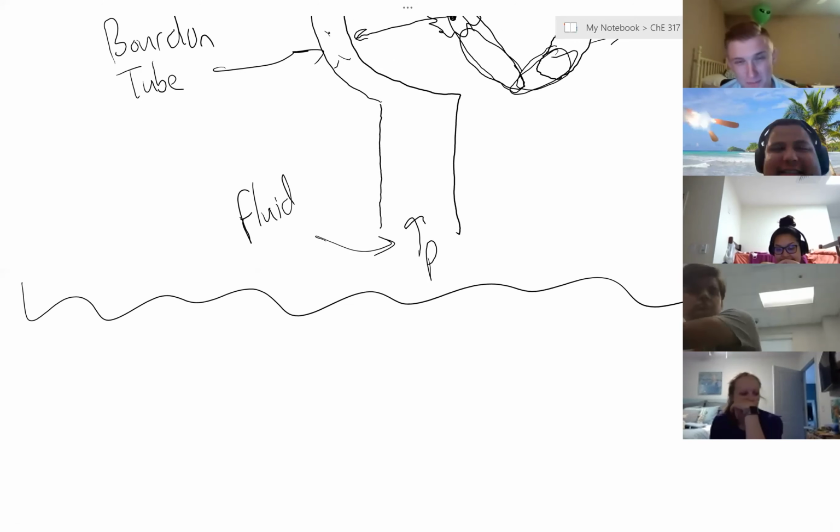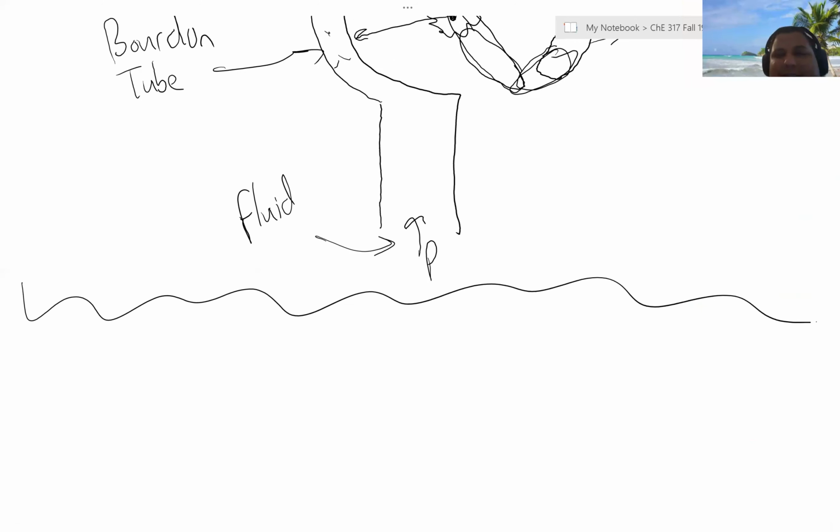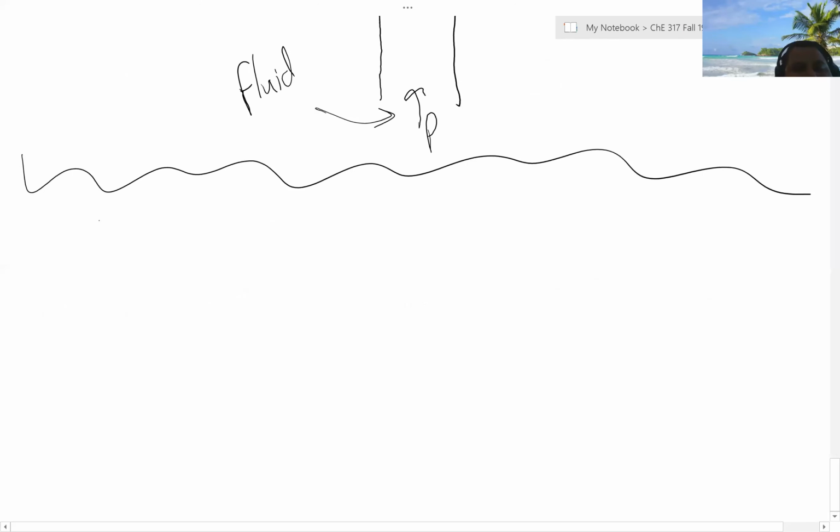All right, so now let's jump a little bit into fluid statics, also known as hydrostatics.